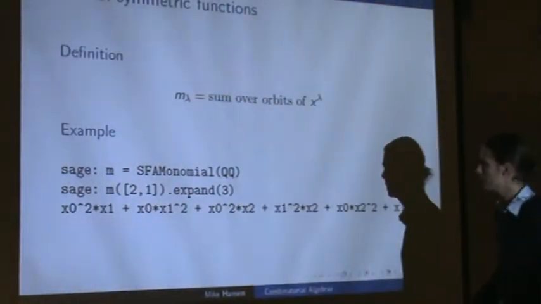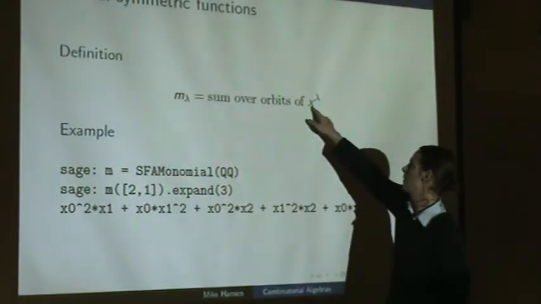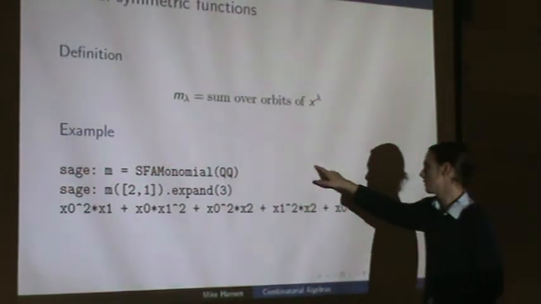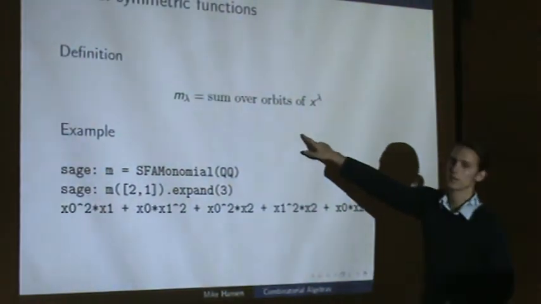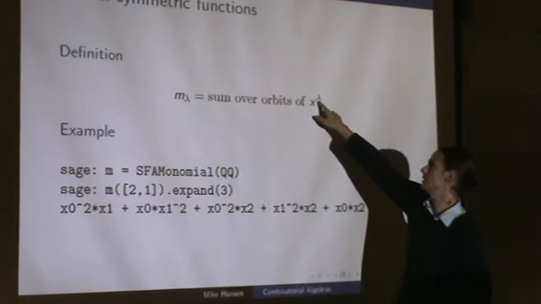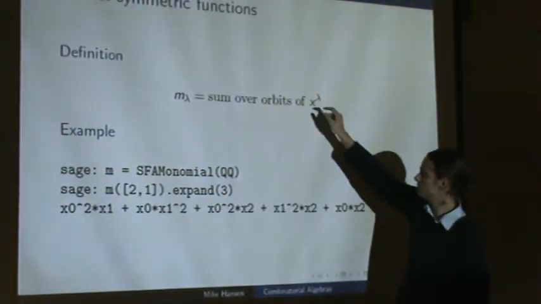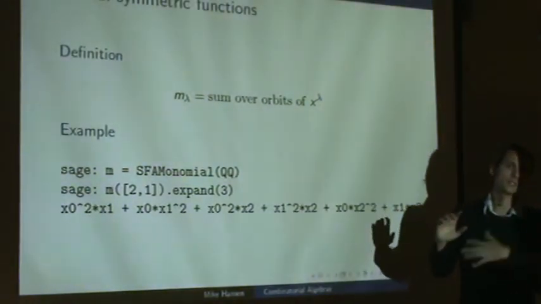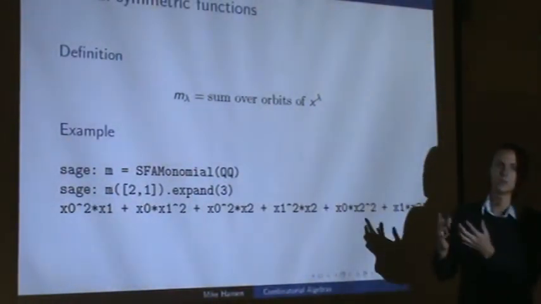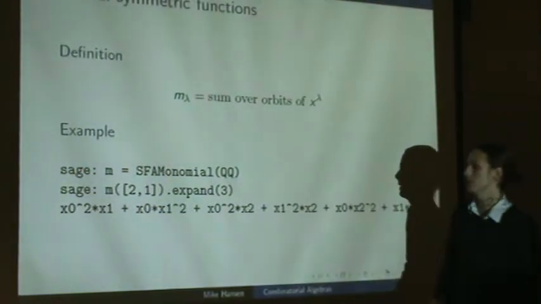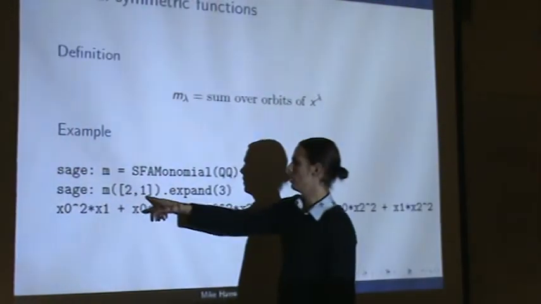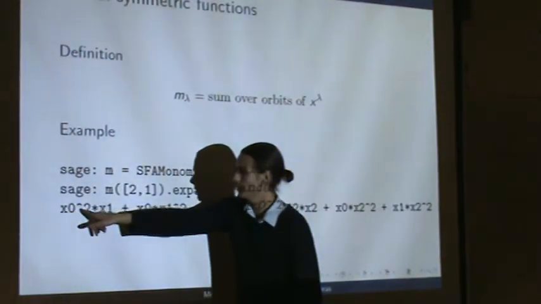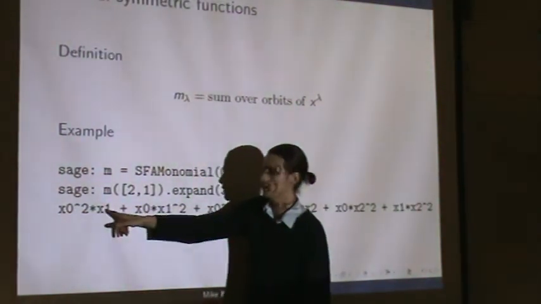So you take x sub lambda, which would be some variables with the exponents as the parts of lambda. And you act on that by the symmetric group, interchanging variables, and you'll get all these terms, and then you just sum them together. So here, if we look at 2, 1 and expand it on 3 variables, what we see is x0 squared times x1.